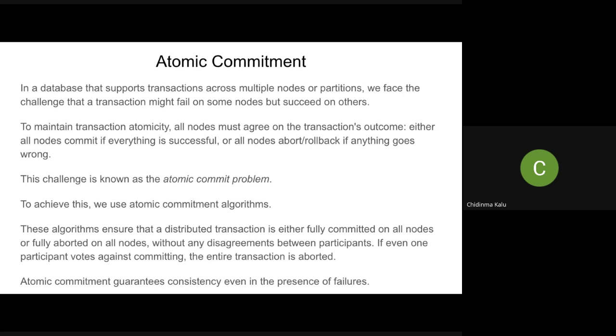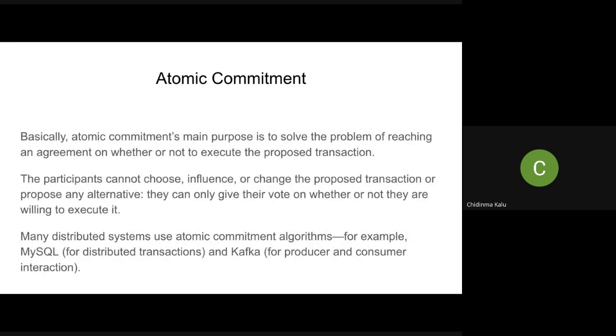That's actually the challenge. However, we use atomic commitment algorithms to ensure that a distributed transaction either fully commits on all nodes or fully aborts on all nodes. So basically, atomic commitment guarantees consistency even in the presence of failures.